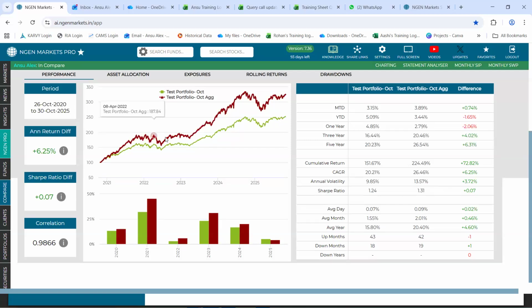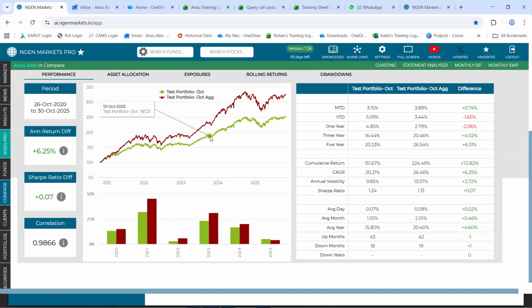Now, onto this line chart, you can see the red line is showing you the performance of the aggressive portfolio, and the green line is showing you the performance of the test portfolio. Graphically speaking, it is saying that over a period of 5 years, my aggressive portfolio has indeed outperformed this test portfolio.